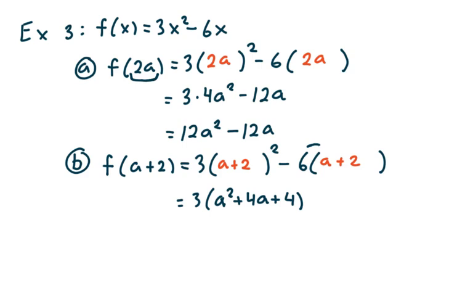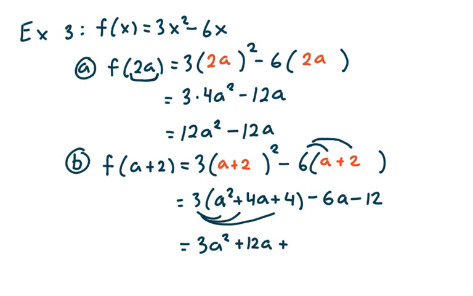And then if I distribute the 6 in, right, with that negative, I get minus 6a minus 12. But I have to distribute the 3 in, okay? And I get 3a squared plus 12a plus 12, right? Minus 6a minus 12.